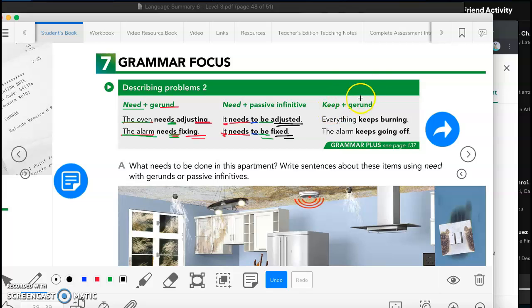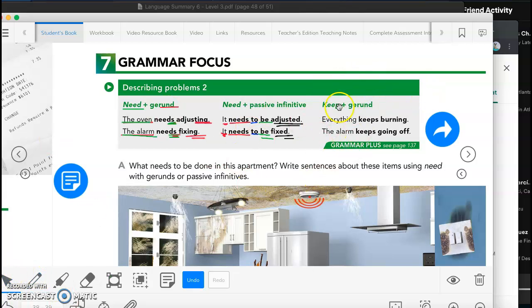And then the last part in here, we are going to be talking about keep plus a gerund. So when I am using keep in a sentence, it's because this problem is something that continues to happen. It's a recurrent problem, and it happens over and over and over. So it happens more than one time.